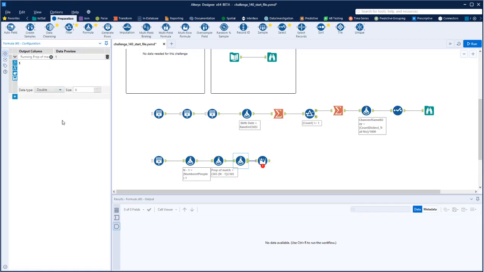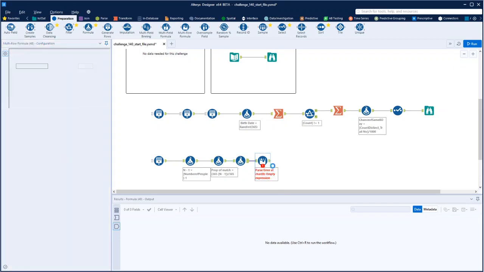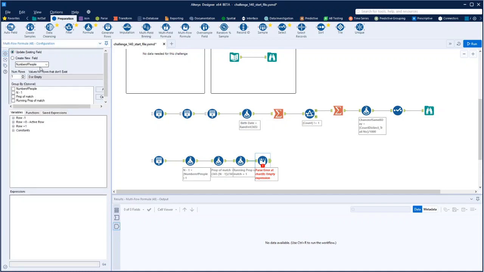Then in here we can adjust it. So if we take that running prob of match, we want to set it to nearest, so it takes that 1 on the first row and uses that as its first input.